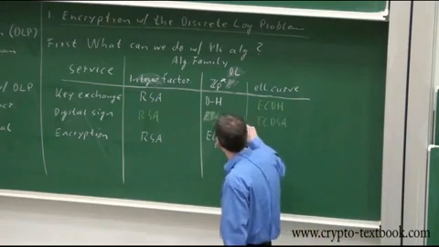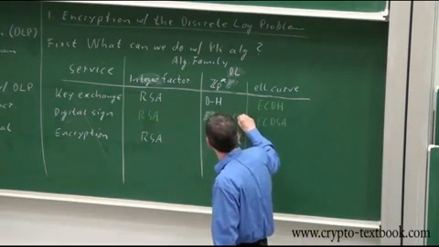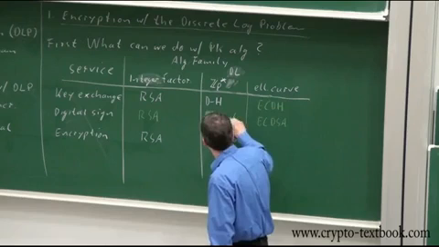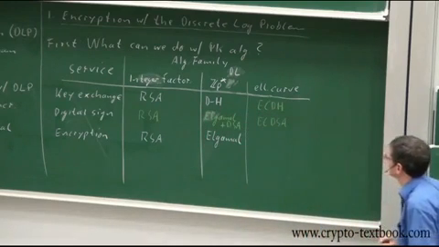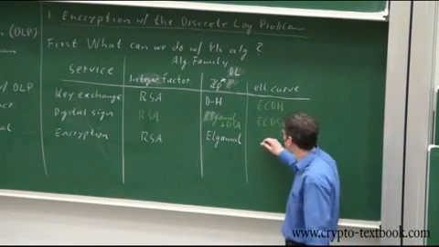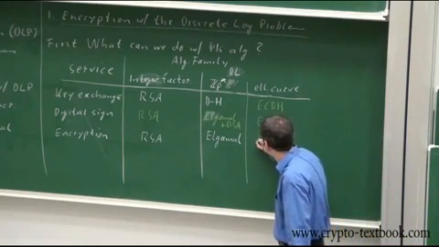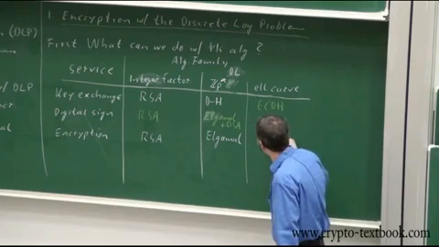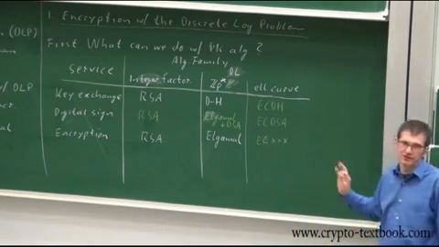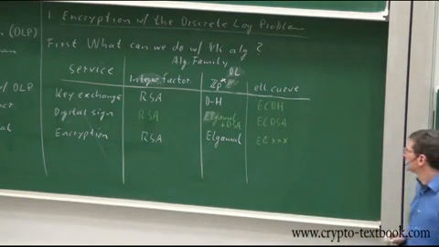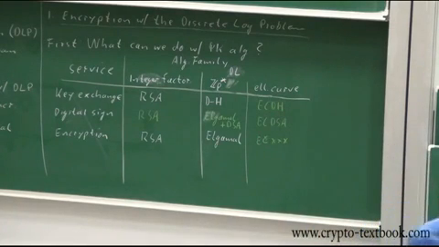And I'm sorry, here you also have to add Elgamal plus DSA, the digital signature algorithm. And for encryption, there's also an elliptic curve variant of Elgamal out there. So these are all the things you can do.